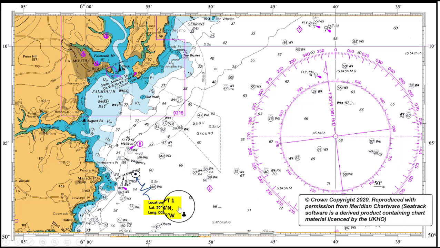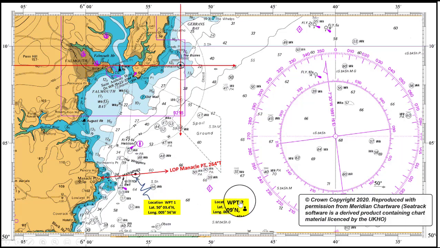Next is plotting the LOP. Draw a line from Manacle Point, which is 264 degrees. So the LOP of Manacle Point is 264 from the vessel, from your ship. The next task is to locate waypoint 2 at 50 degrees 09 minutes north, longitude 5 degrees 52.4 west.